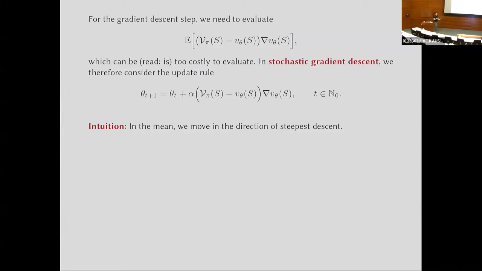In stochastic gradient descent, you don't go straight, but only in mean you go down the direction of steepest descent. We see that immediately. Take the expectation here, and then in the mean, you're going in the right direction. But there's stochasticity, so if you draw that as a path, it will not go straight, but it will fluctuate. Just in the mean, it goes in the right direction.